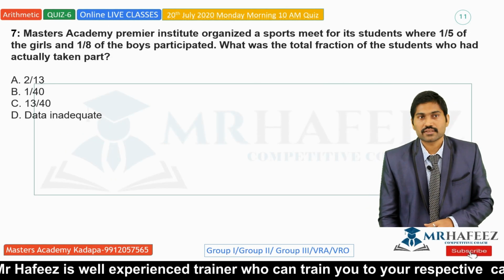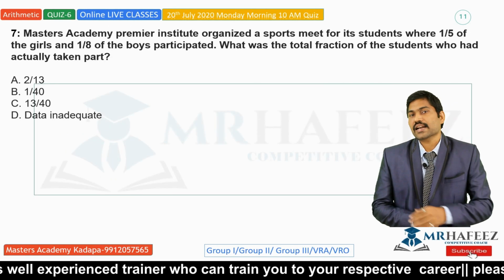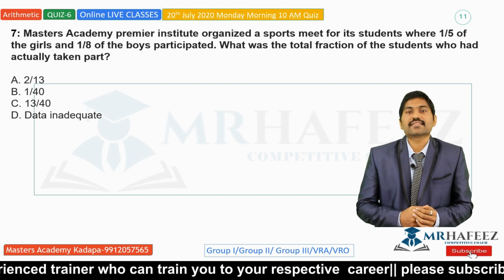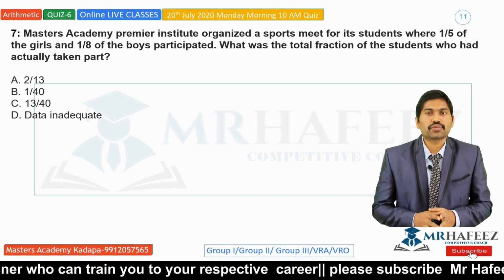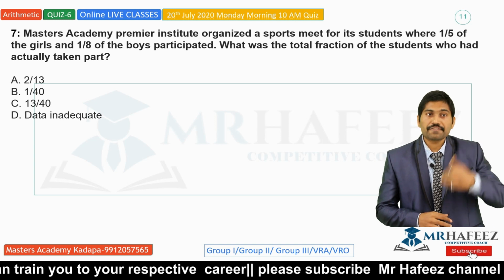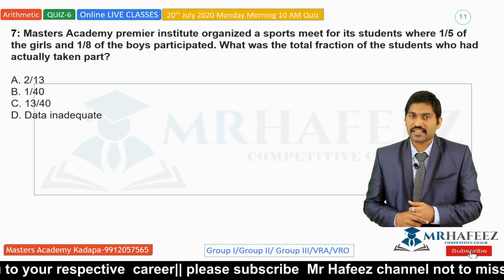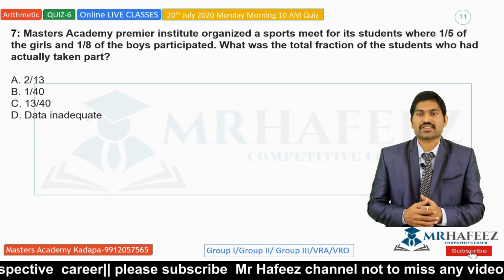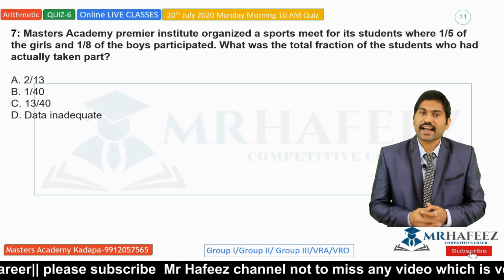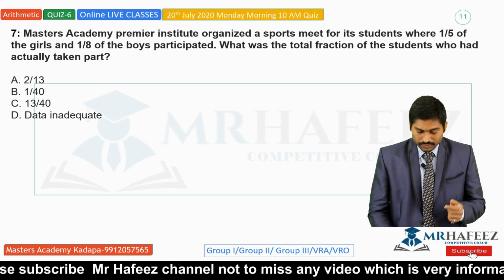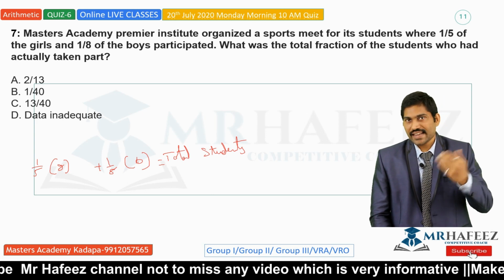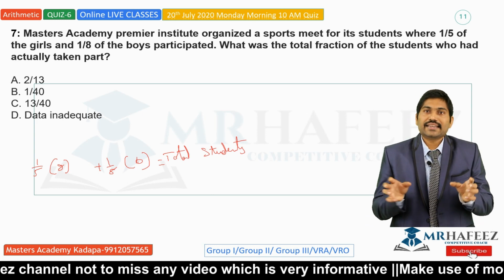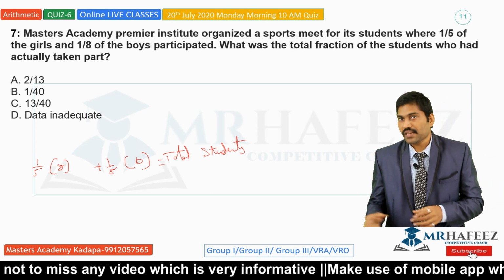Next question, 7th. Masters Academy Premier Institute organized a sports meet for its students where 1/5 of the girls and 1/8 of the boys participated. What was the total fraction of the students who had actually taken part? G is one variable, B is another variable.